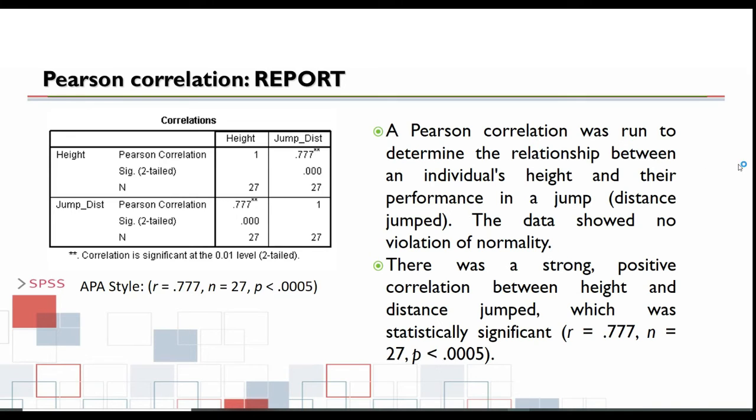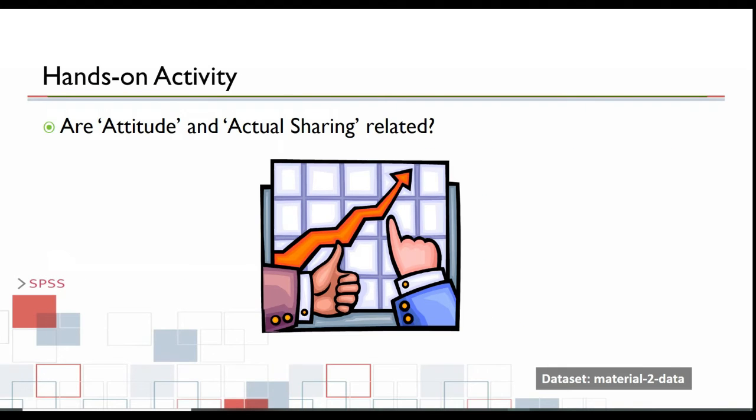A Pearson correlation was run to determine the relationship between an individual's height and their performance in a jump distance. The data showed no violation of normality. You need to check before you run the correlation. There was a strong positive correlation between height and distance jumped, which was statistically significant. This is how you can report it in your thesis or in your publications. So this is all about our correlation.